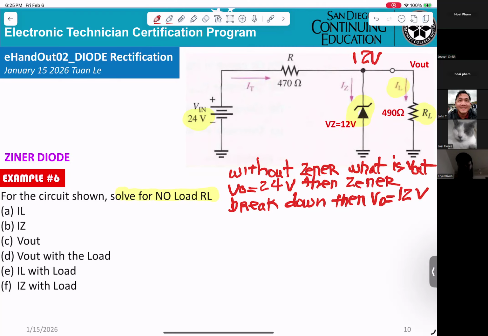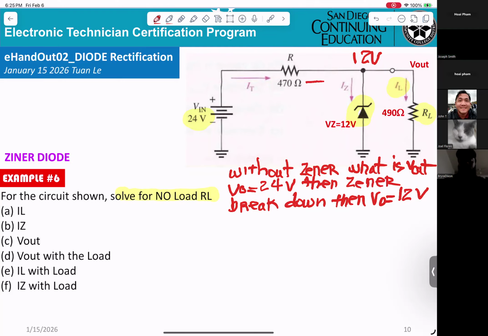Okay, so they want to calculate the IL. Basically, the current IL, you get the current IZ, I total.